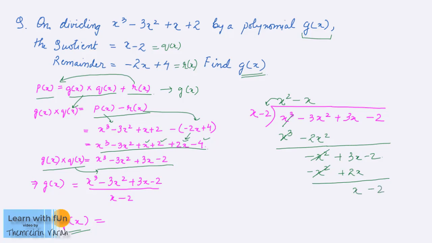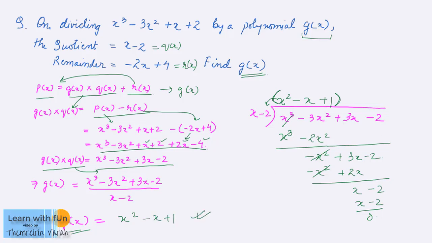So x minus 2 into x plus 1 equals x minus 2, and the remainder is 0. So gx is x square minus x plus 1.